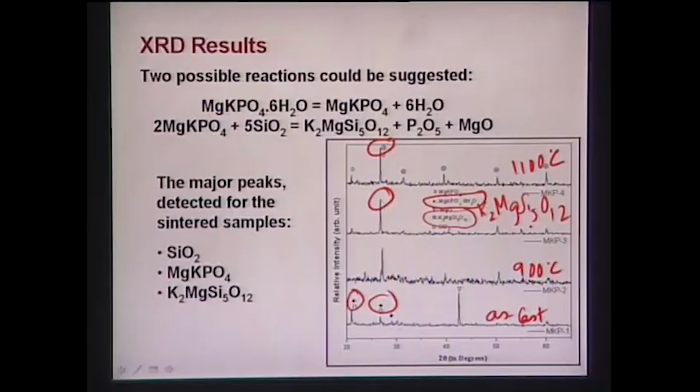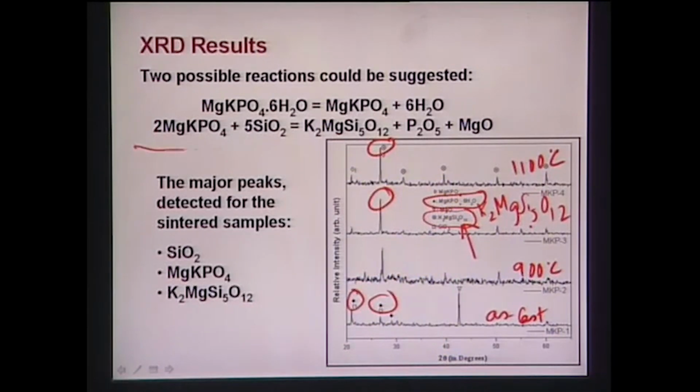And then what you see is that the MgKPO4·6H2O peaks have disappeared when you are sintering at higher temperature, and the large silicate peaks of K2MgSi5O12 have been formed. So that shows that MgKPO4 must have reacted with the silica, which is present in large amount in the starting powder mix, to form this particular silicate phase.